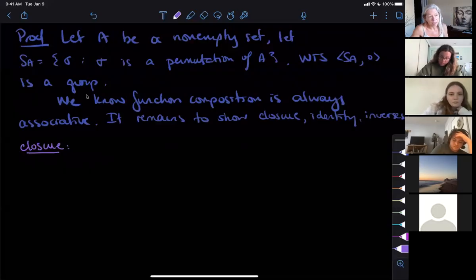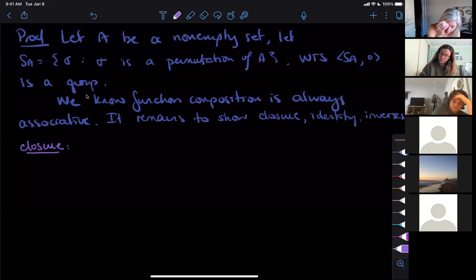What is a permutation? We should probably know what that is. Someone remind me what the definition of a permutation is? It's a function that maps the elements of A back to other elements in A. Yeah, that's right, and it's got some special properties: both one-to-one and onto.